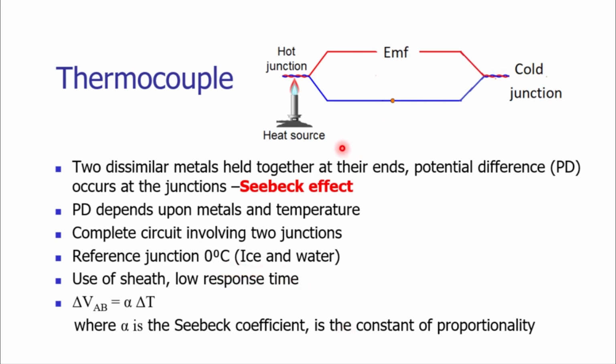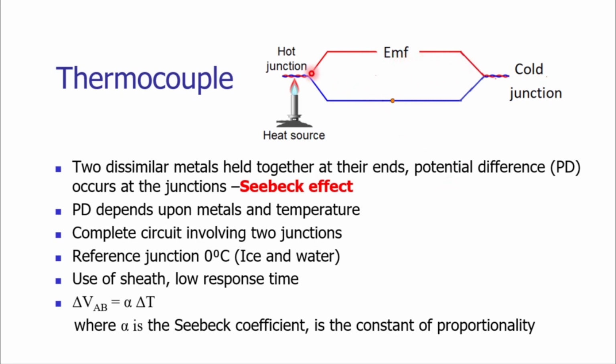So when we apply the external heat source at the other junction, there is an increase in temperature of this junction. Due to this increase in temperature, the electrons will be excited and they will start moving from the hot junction to the cold junction. And there is formation of electric current.